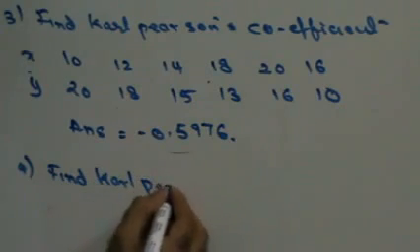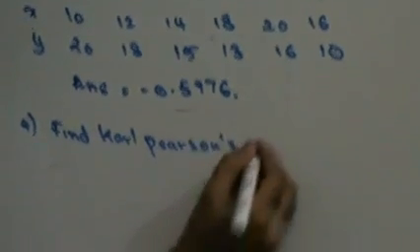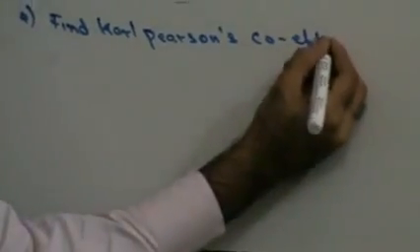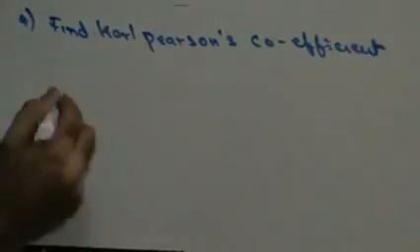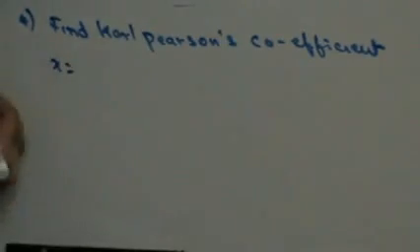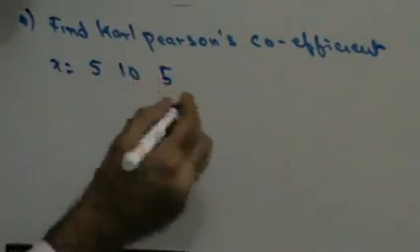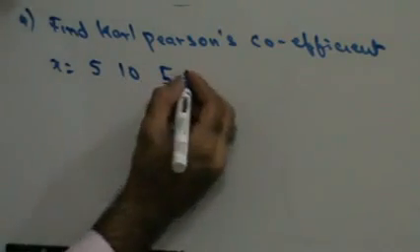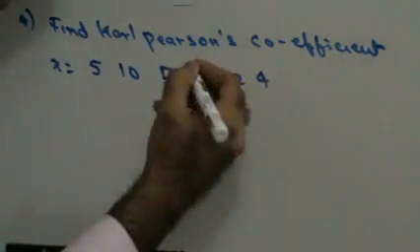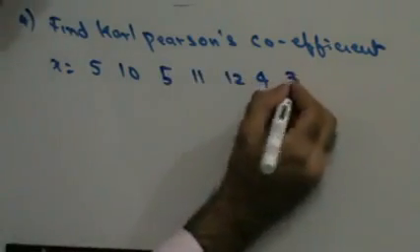Next, another sum. Find Karl Pearson's coefficient. X is given to you as 5, 10, 5, 11, 12, 4, 3, 2, 7, 1.